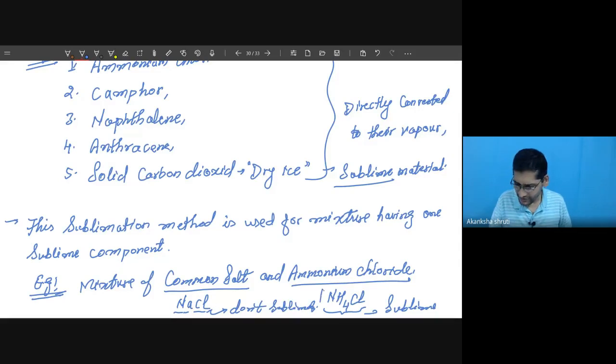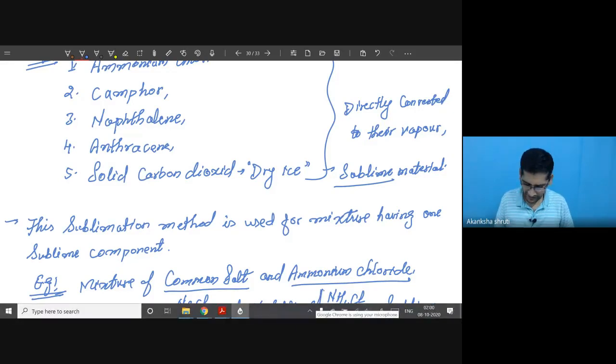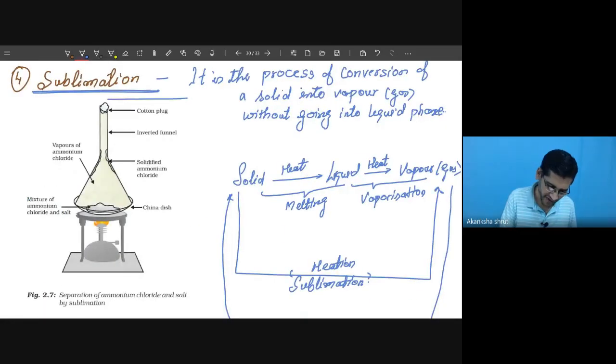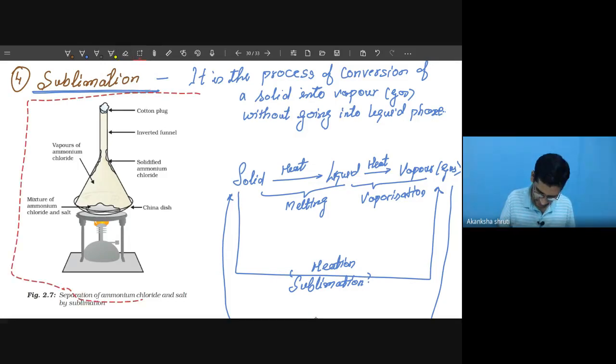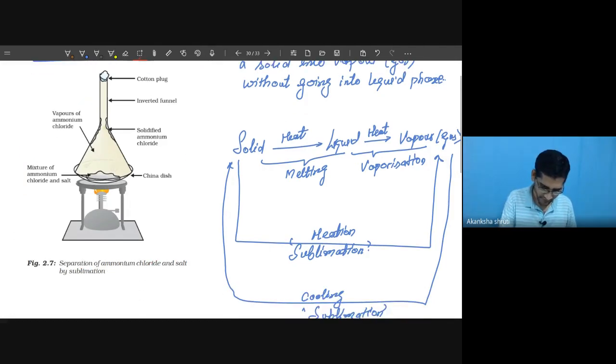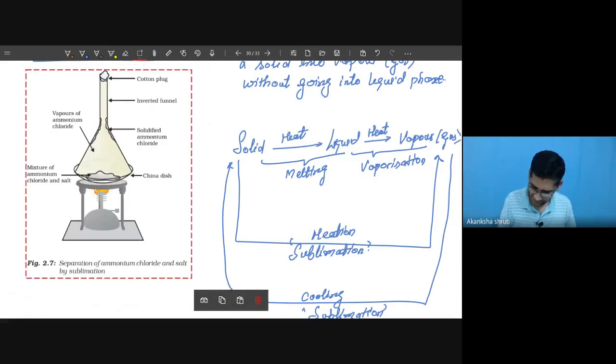Therefore, if we heat the mixture of sodium chloride and ammonium chloride, the ammonium chloride will vaporize while the sodium chloride will remain there.